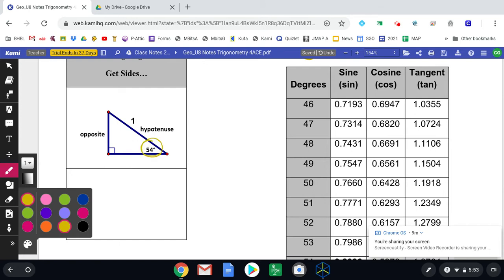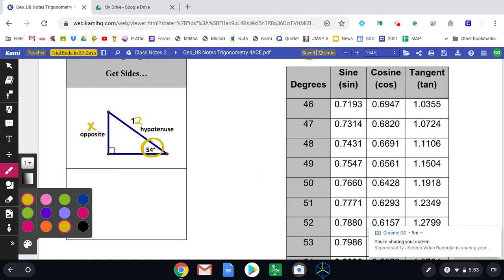Typically I only know one of my angles. Okay, so if I only know that this is my angle here, let's make that 12 over there. Let's say we want to find the height of this opposite side, and I know the length of this hypotenuse. So maybe I know the length of a guy wire, and I'm looking for the height of a tree.